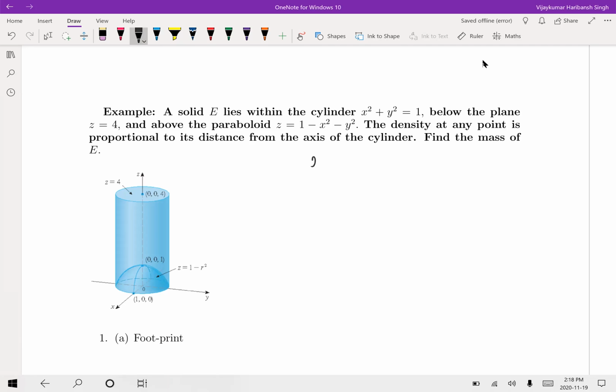The density function rho of x, y, z is proportional, that means it's some k times the distance from the axis of the cylinder. So this is the axis of the cylinder. You take any point, its distance from the axis of the cylinder is essentially square root of x squared plus y squared, right? So this is going to be square root of x squared plus y squared.